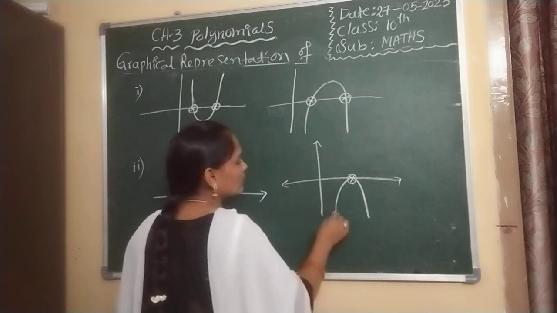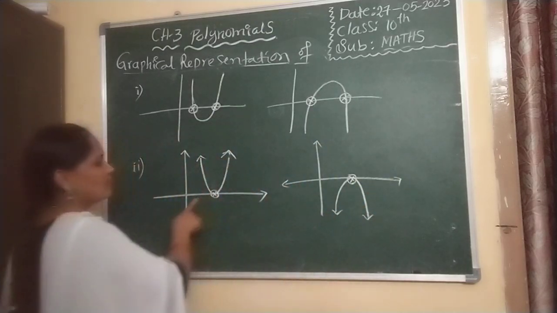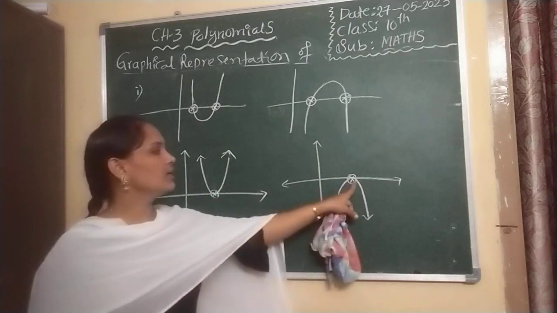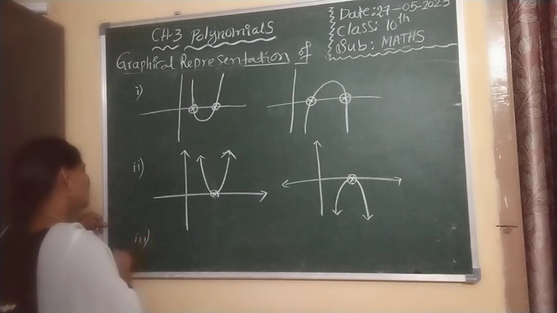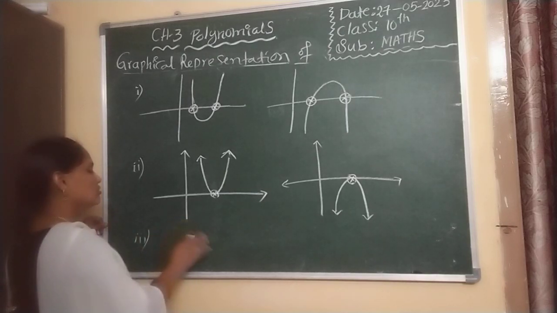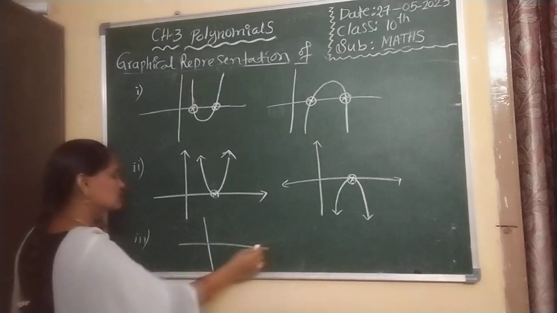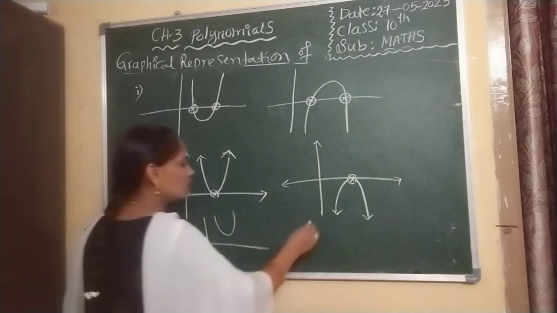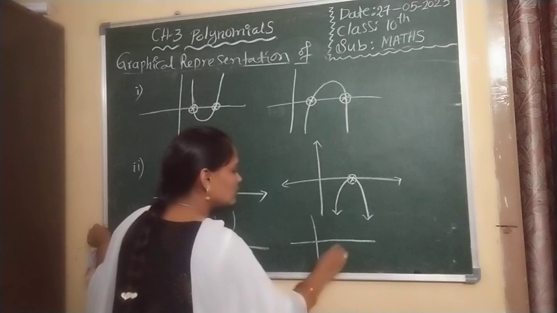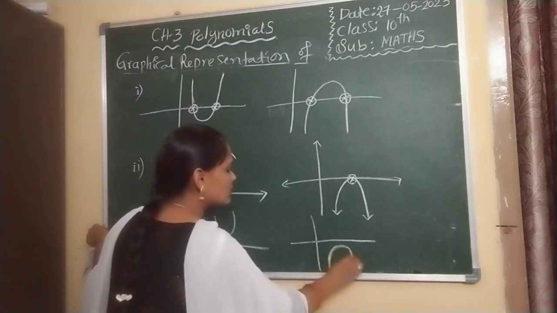Upward or downward, how many zeros? Only 1 zero. Third case, no zeros. Upward or downward, the parabola will not intersect the x-axis.